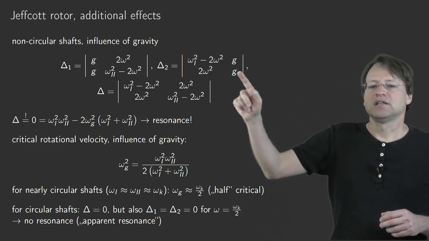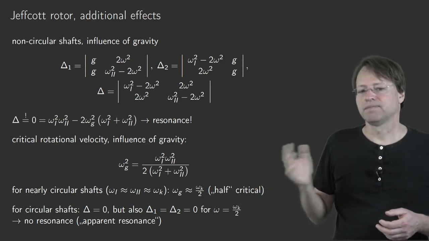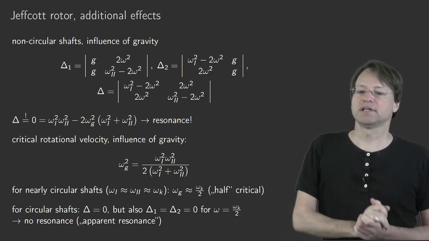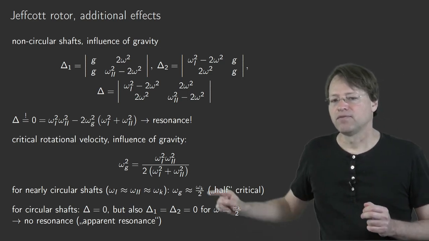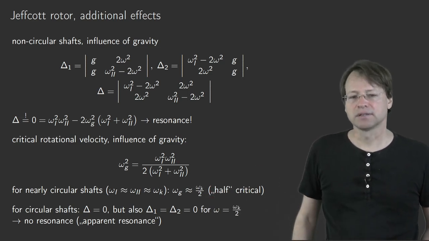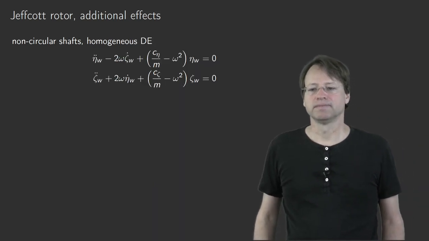If we study the effect of gravity, we will find another critical speed, namely the so-called half critical. That half critical would not be there for perfectly circular shafts, but it is an apparent resonance. And now let's move to the homogeneous solution.